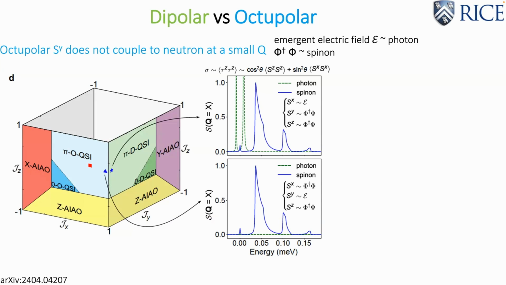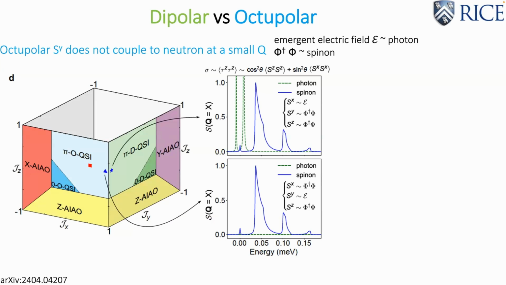So we can distinguish whether it's dipolar or octupolar dominant by comparing these two scenarios. If it's dipolar dominant, we can see this emergent photon excitation near the elastic line.